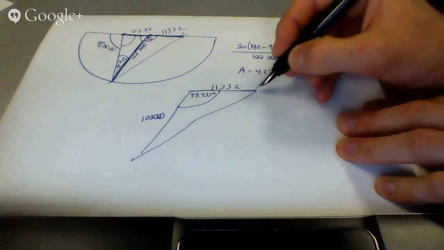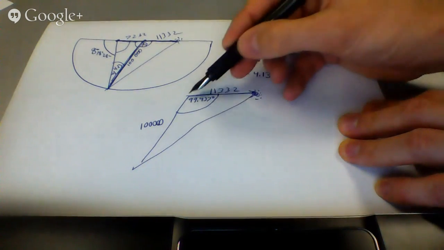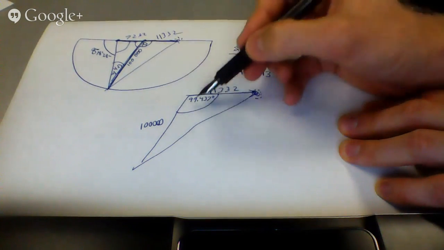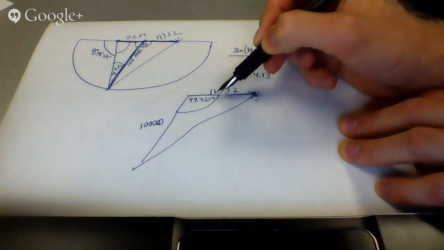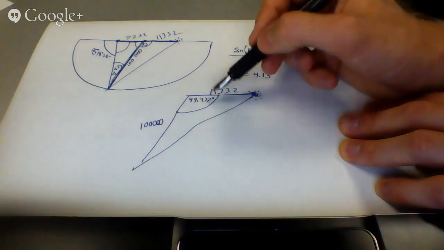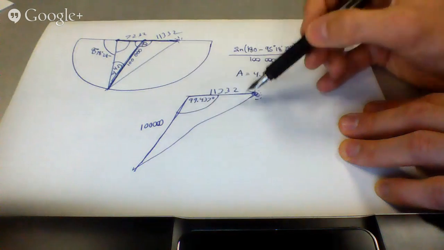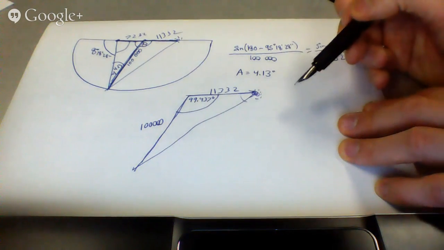Here's a repulsive rendition of this triangle. We have the side 11,332. This angle is 99.437 degrees. And then we have to figure out what this angle is, the equated anomaly.